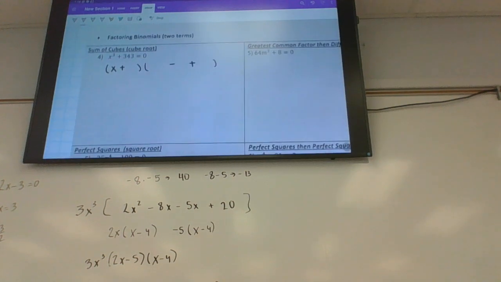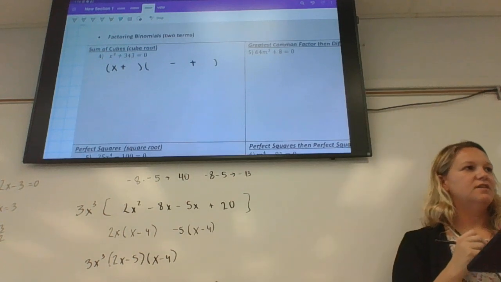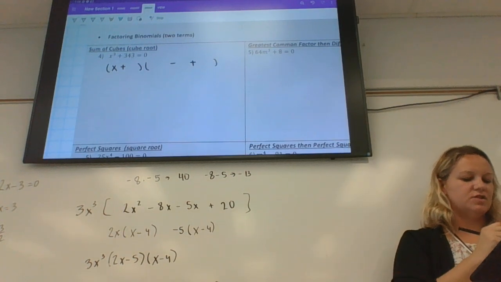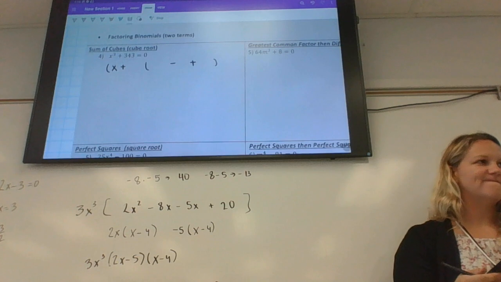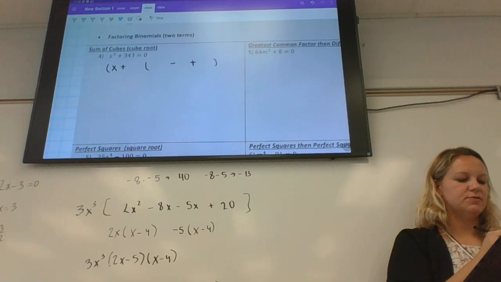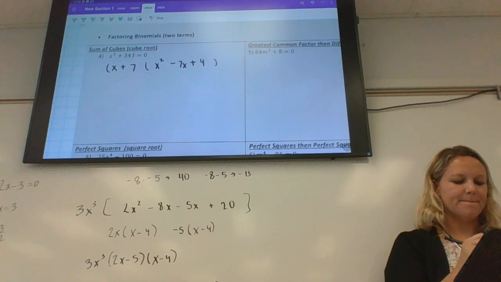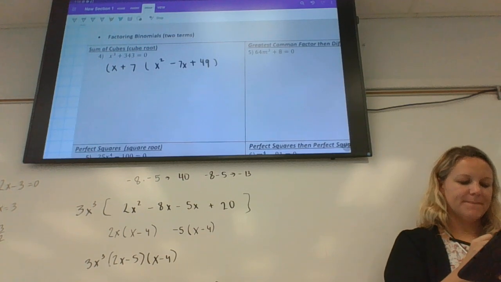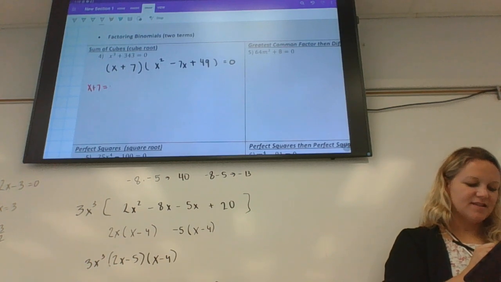Just x in there. One second, let me get my chart out. 7. Sure. It's 7. Now it's positive 7. Are you missing the other half of the parentheses? I thought you did it for a reason, so I was confused.